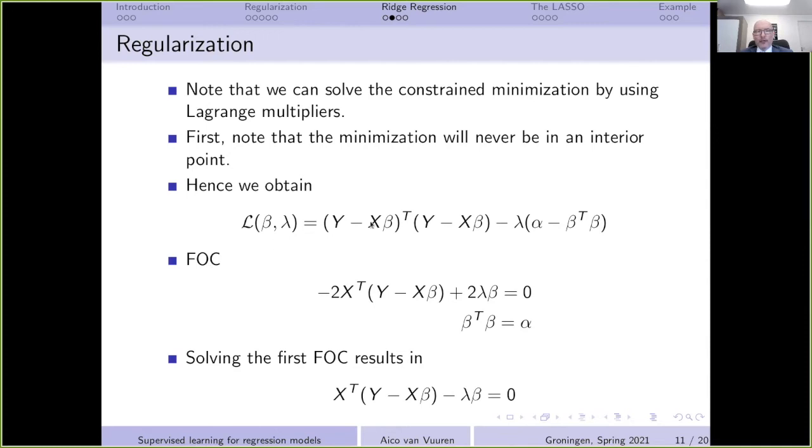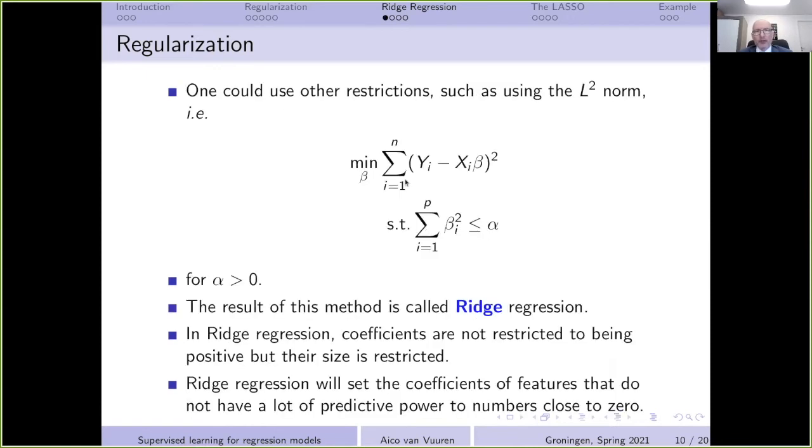The first thing we need to do is look at the first order derivative with respect to beta. Well, let's first look at this part over here. This is always a bit difficult because of the fact that this is in matrix notation. But that means actually nothing else than taking the first order derivative of this function with respect to beta.